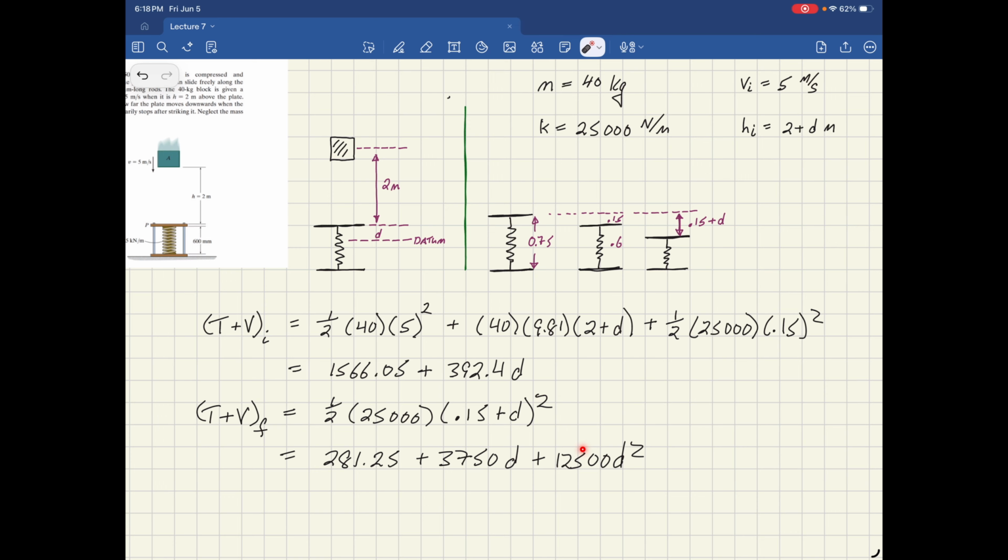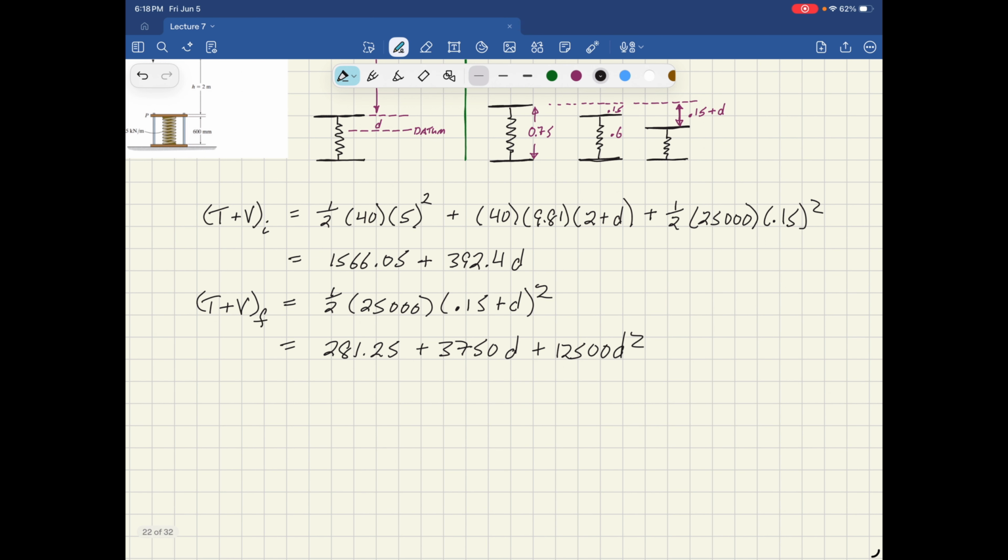Typically in this type of situation, you'll usually get a positive and a negative root, and the positive root is the one that you will end up using. So we will write this out. So let me just change colors here.